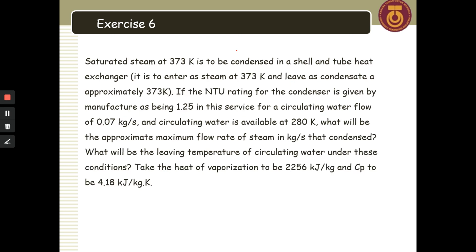And last but not least, we have exercise 6. I think maybe we can do it together. First, maybe you need to read the question, and then we do exercise 6 in the online class.